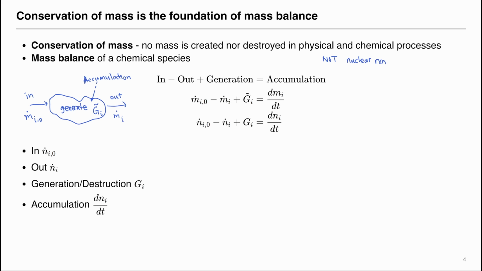The tilde represents that it is on a mass basis, and the accumulation is the change of mass of species i with respect to time. So we take the derivative of the mass of i with respect to t. This mass balance holds true for every chemical species, and if we divide the equation by the molar mass of the species, the molecular weight of species i, we can convert the mass basis into a mole basis.